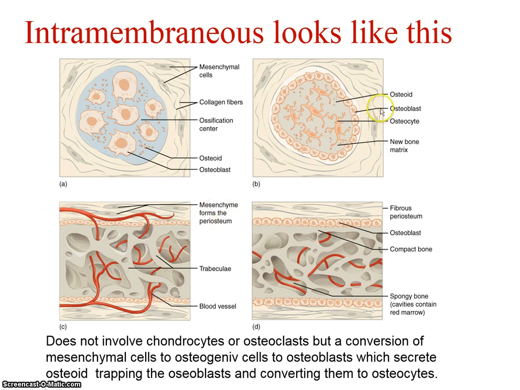You still have these osteoblasts that are lining up on the outer part, and they're just converting the basic generic connective tissue to bone, right? So it doesn't involve chondrocytes or osteoclasts, but there's a conversion of mesenchymal cells to osteogenic, sorry, misspelling, to osteoblasts, which secrete osteoid, this, again, osseous, and trap them, converting them to osteocytes.